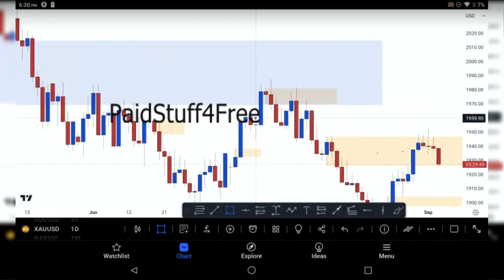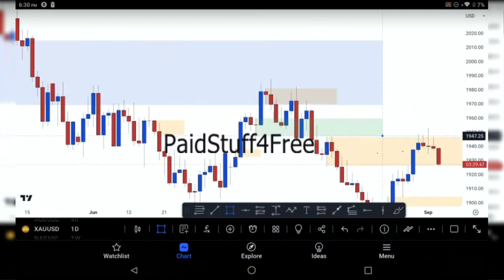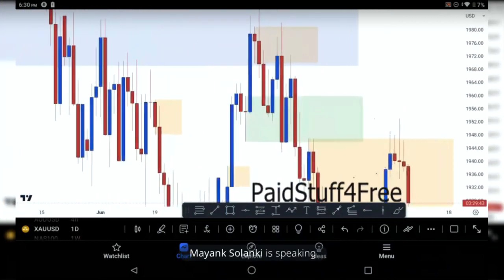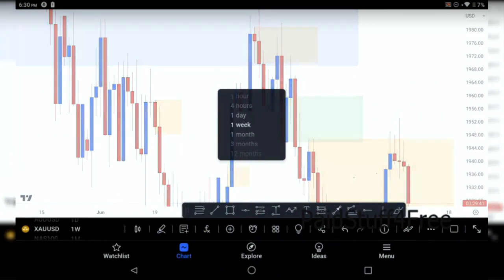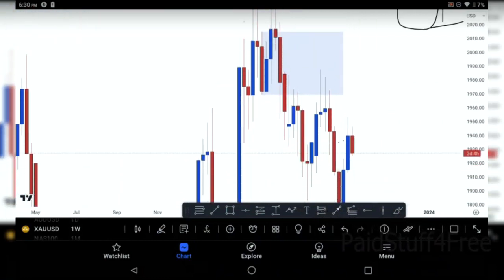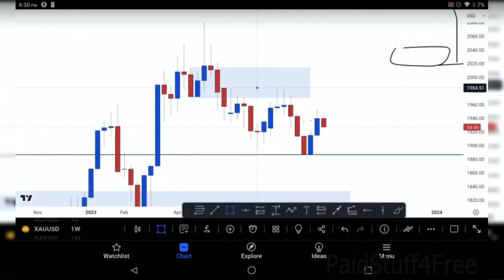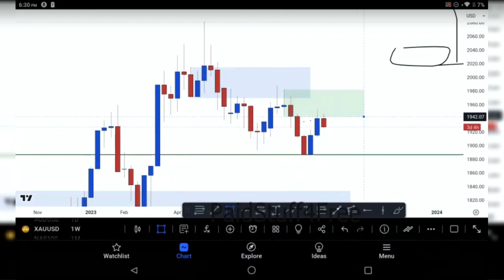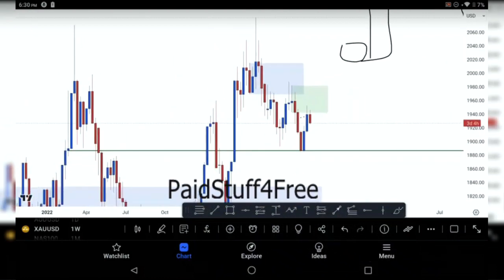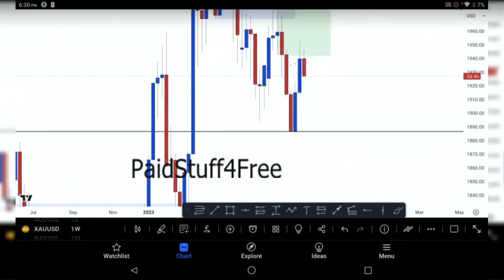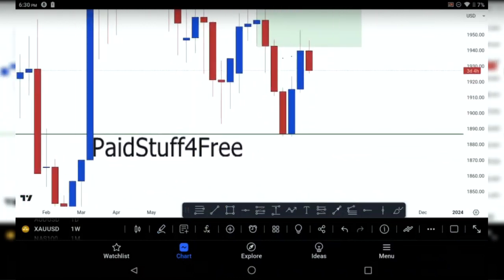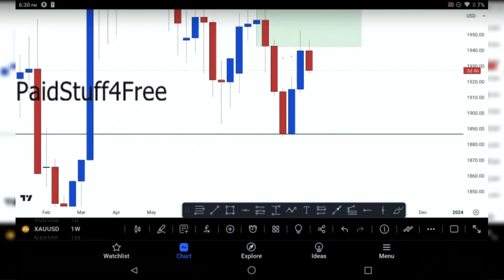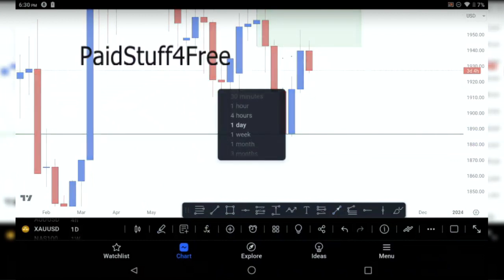Now, if you switch back to the weekly time frame, it forms the daily engulfing sell. This is the daily engulfing sell. The same thing for this bar right here. You go down to daily.